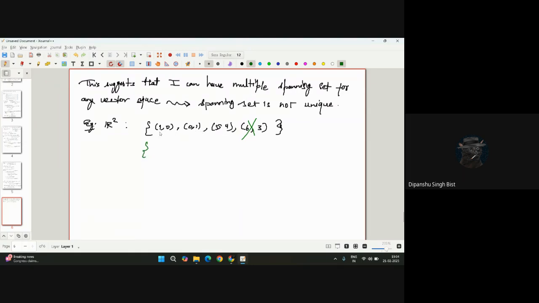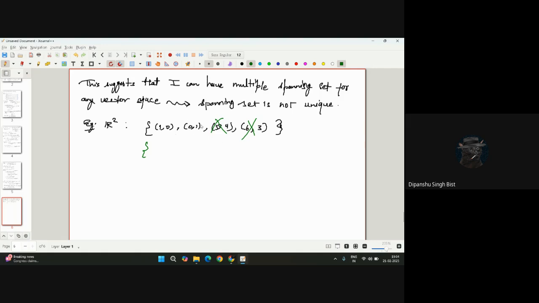Still it is a spanning set, but can I remove more elements? Let's try removing 5 comma 4. It's still a spanning set. But let's try to remove 0 comma 1, so we are only left with 1 comma 0. So we cannot remove more elements now.